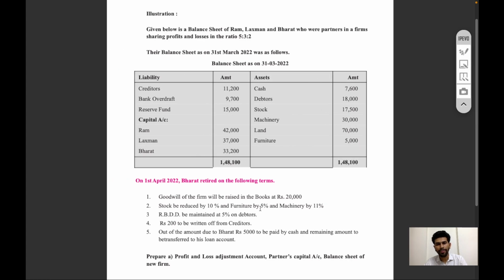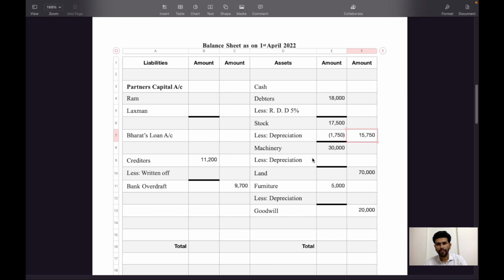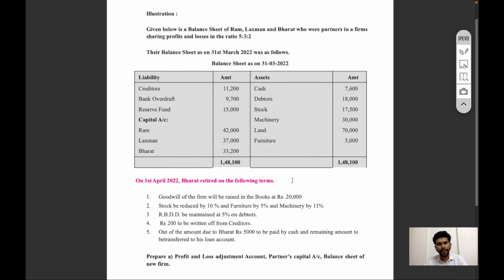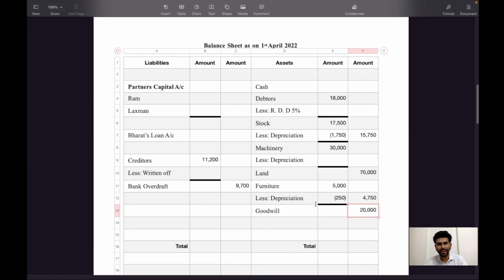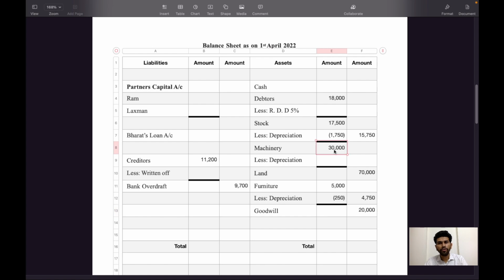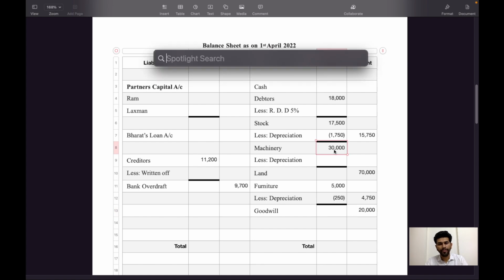Furniture is reduced by 5%. 5% of 5,000 rupees is 250 rupees. Balancing figure 4,750 rupees in the outer column. And machinery by 11%. 30,000 rupees is the value of machinery.